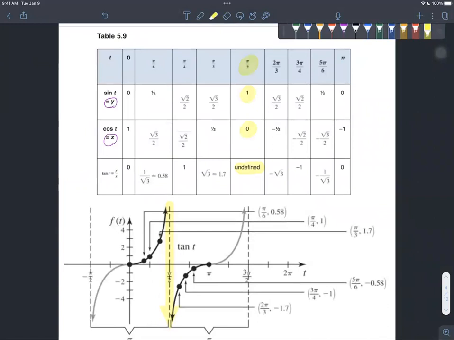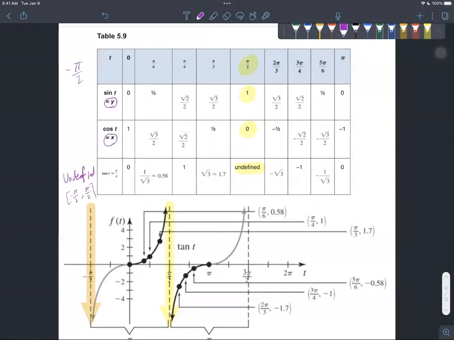This actually does occur at negative pi over 2 as well. Tangent is undefined, and we can see this right here. There's another vertical asymptote. It turns out that a period of tangent is from negative pi over 2 to pi over 2.